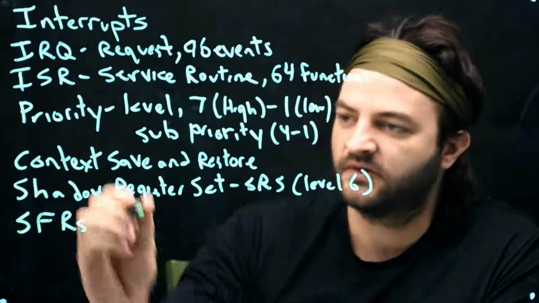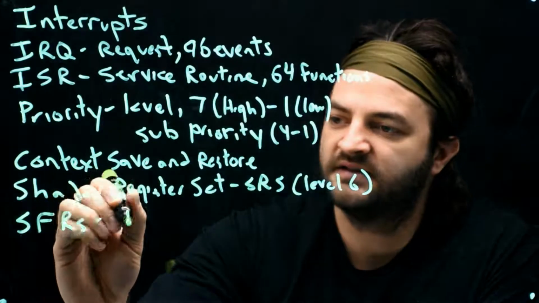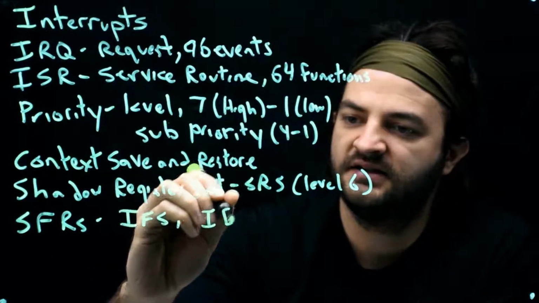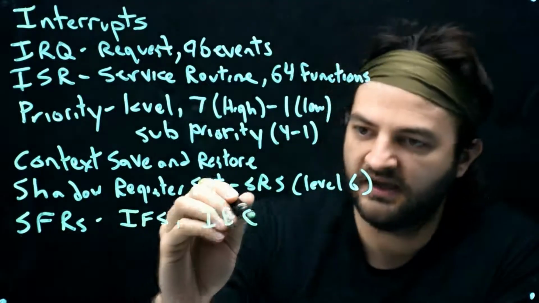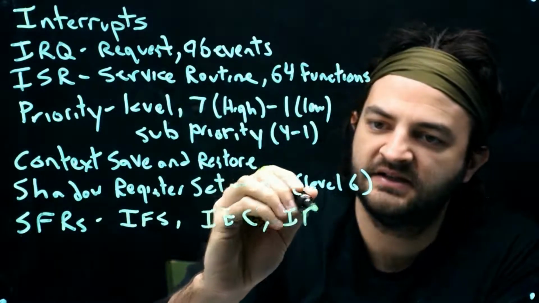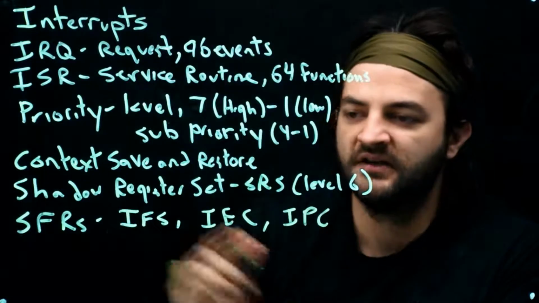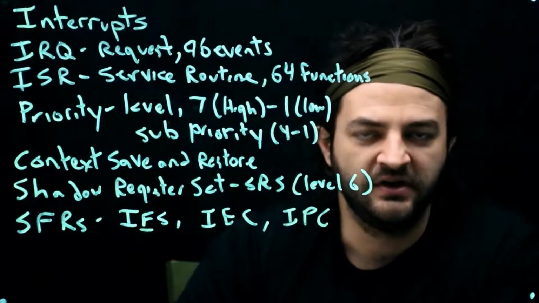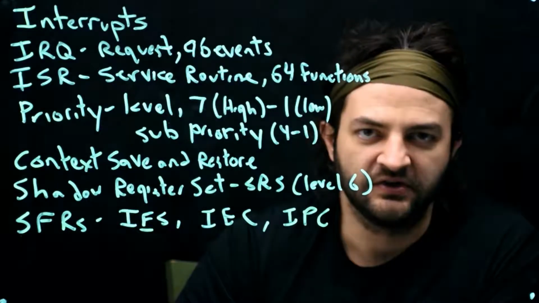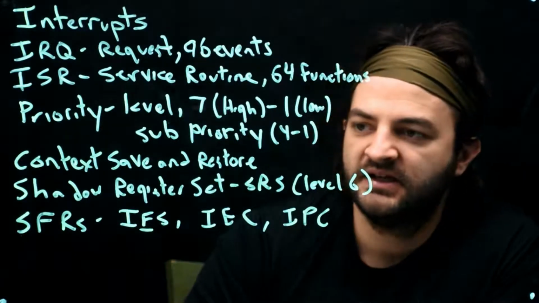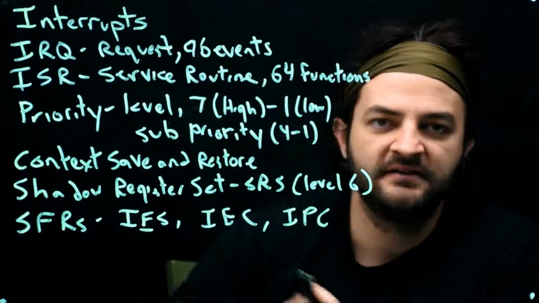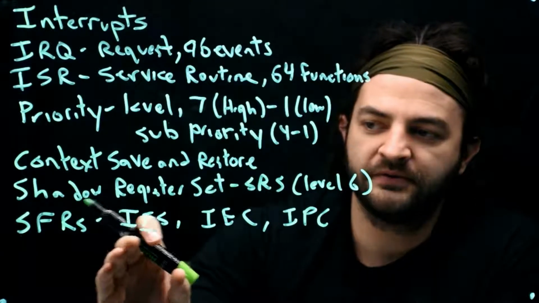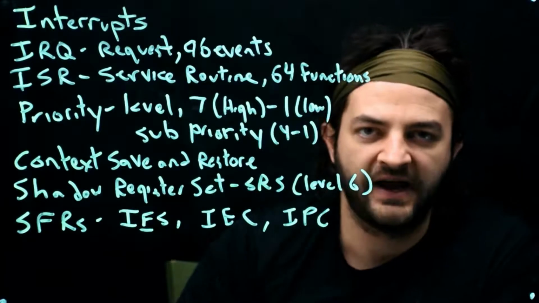The important ones are IFS, IEC, and IPC. IFS stands for the flag. How does the CPU know that an interrupt has occurred? Well, there's a specific bit called a flag inside of IFS. IFS is a 32-bit register, so all 32 bits in there represent different flags that could occur.